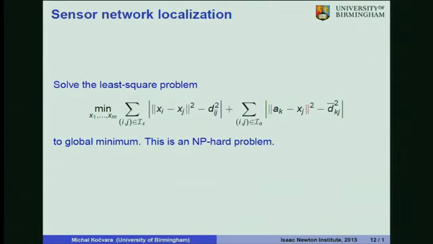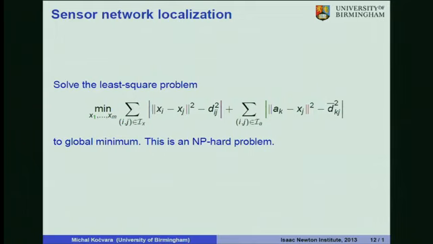It can be easily formulated as a least squares problem. Well, it's a feasibility problem, but I want to find the minimum of that difference and that difference, or I can put a square here instead of the absolute value.